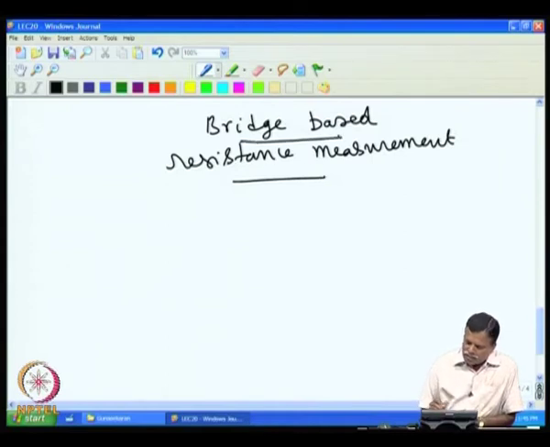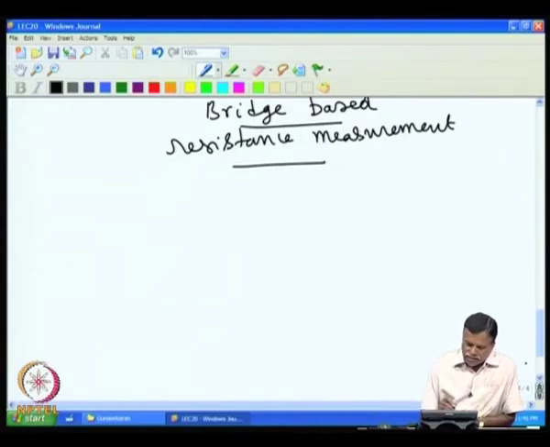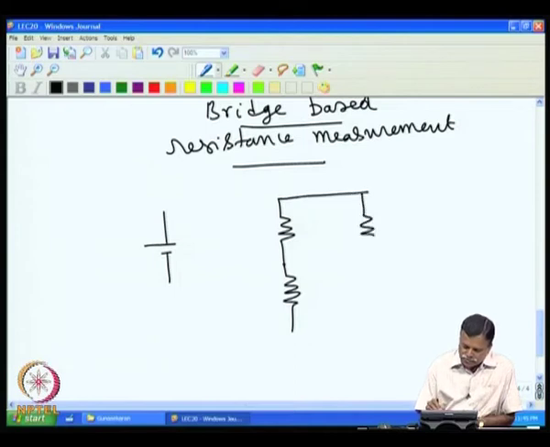In this method, basically they had a source of excitation, and they had these 4 resistances connected in bridge form. The well known Wheatstone bridge is the basic technique.